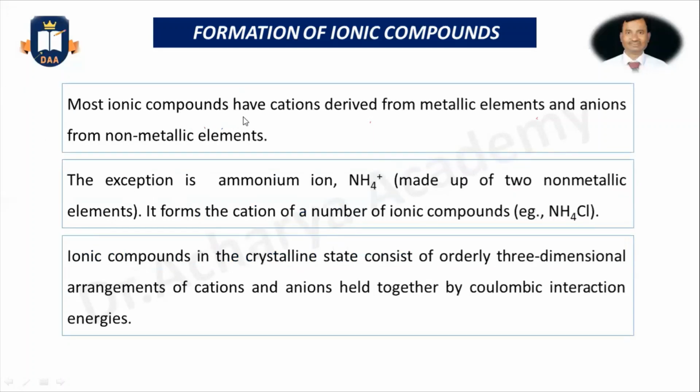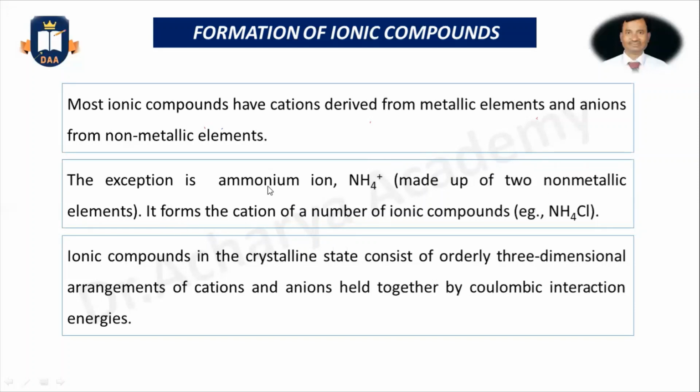Most ionic compounds have cations derived from metallic elements. Metallic elements generally form the cations, and anions are formed from non-metallic elements. Here one exception is there: the ammonium ion. You can see it consists of nitrogen and hydrogen, both non-metallic elements.